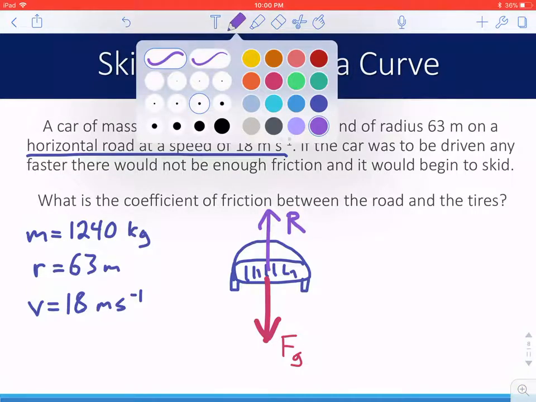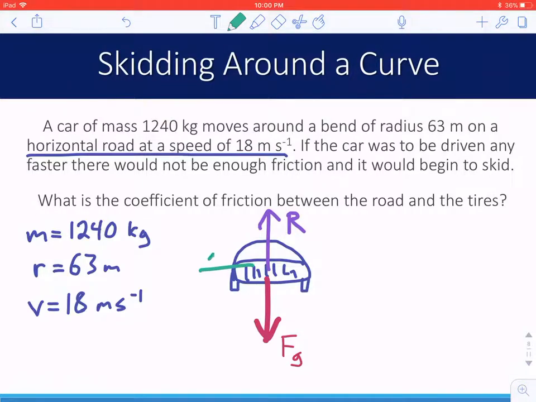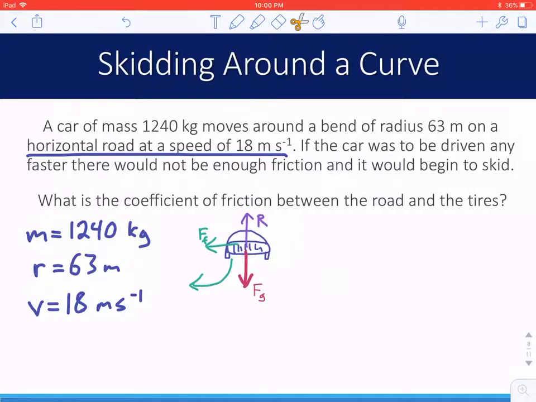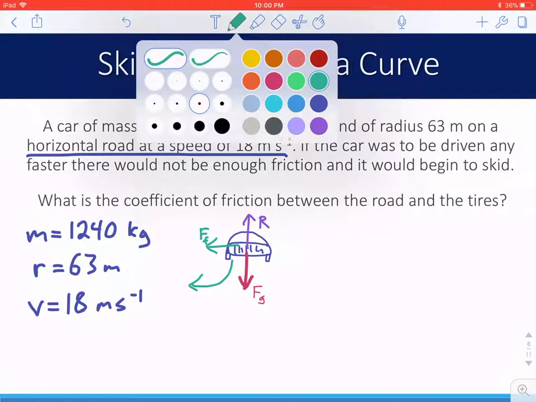Let's say that the middle of our circle is to the left here. So the force of friction causing this car to move in a circle is acting horizontally, because the car is trying to turn in a path like this. From this picture, you should recognize that that is a fairly similar free body diagram to what we saw in the rotor problem.